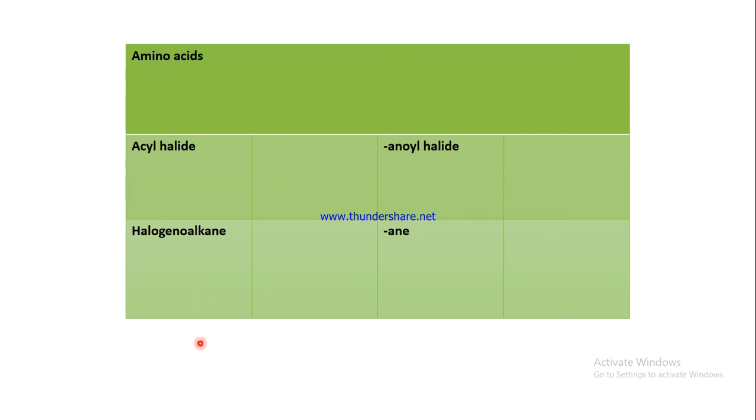This brings us to our next homologous series, which are our amino acids. The functional group for our amino acids is here, which is denoted by this alpha carbon bonded to our amine group and also our carboxylic acid group, and then the R is the hydrocarbon chain.